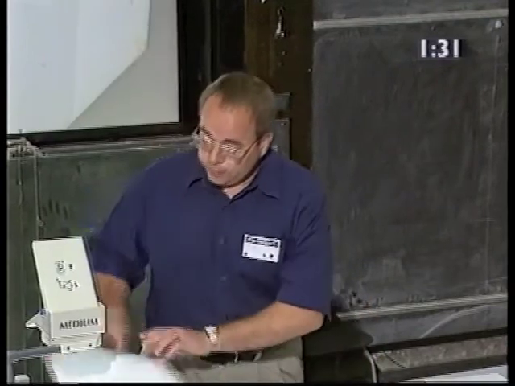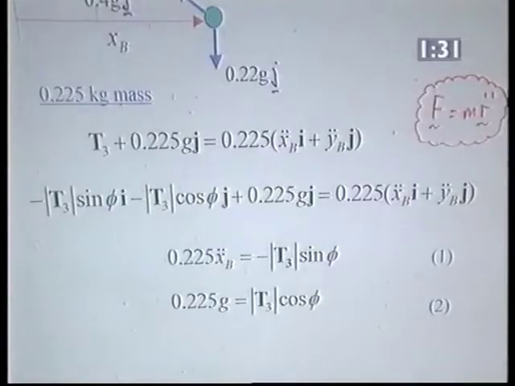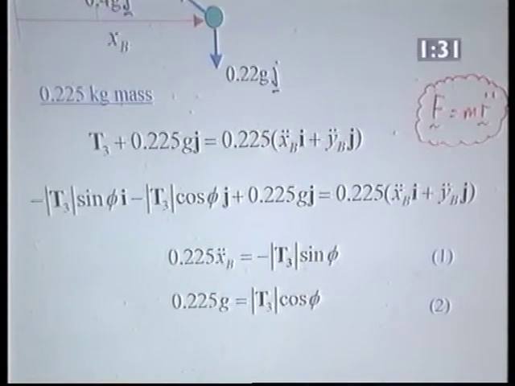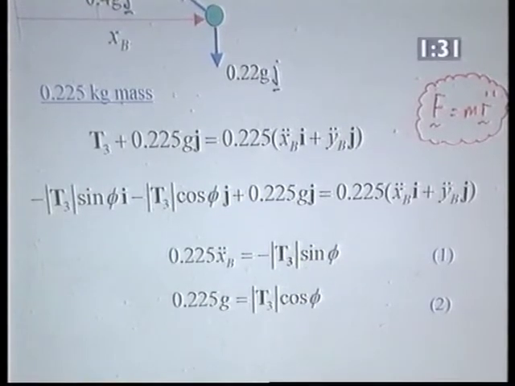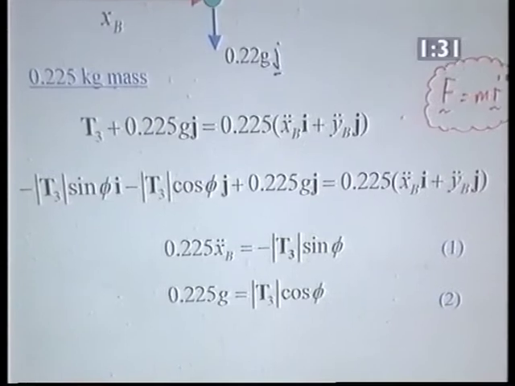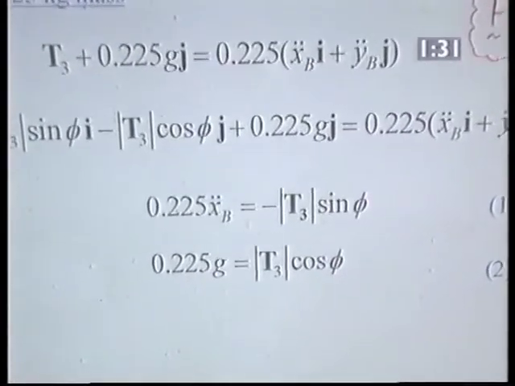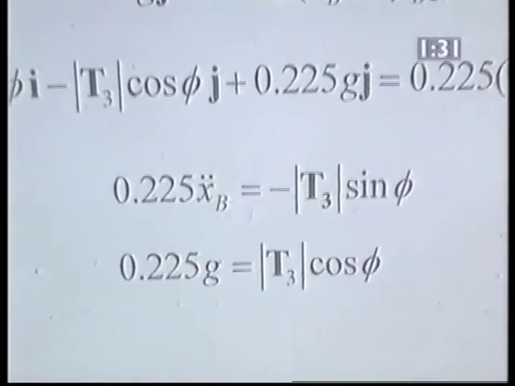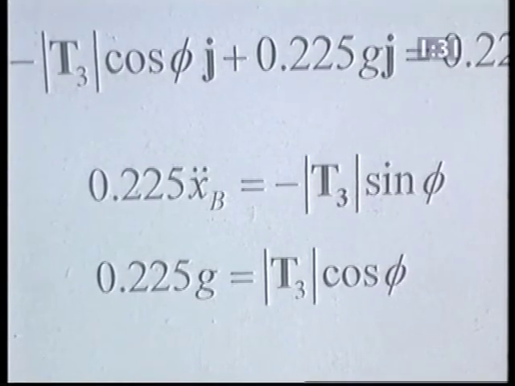We can equate the components in the i direction and the j direction. For the i component, we have 0.225 xb double dot equals minus T3 sine phi. So that's what's going on horizontally.